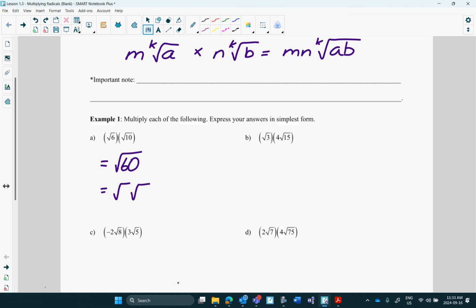Neither are perfect squares. No, that's it. Hey, at least you're taking a shot. Yes? 4 and 15. Which becomes 2 root 15. Good.